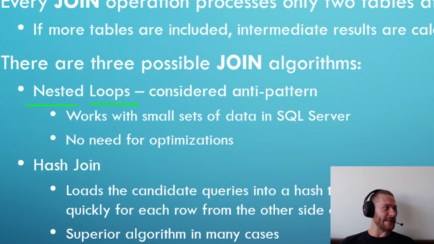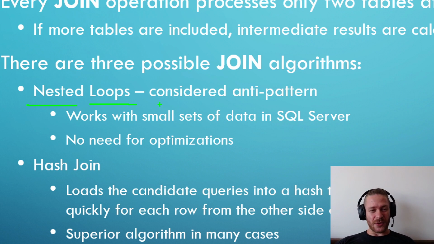So this is the slowest version of a join algorithm because it needs to operate on the whole table with one loop and another loop for the other table and then merges the result.